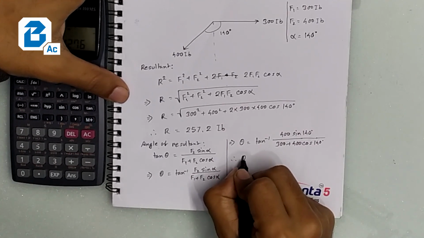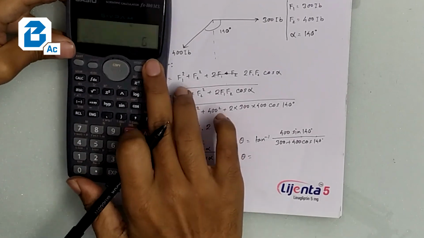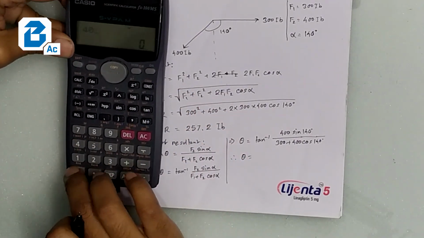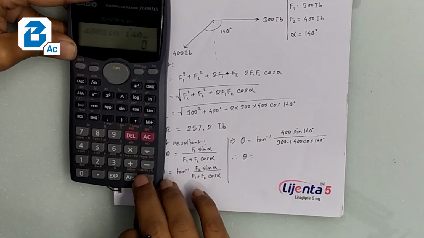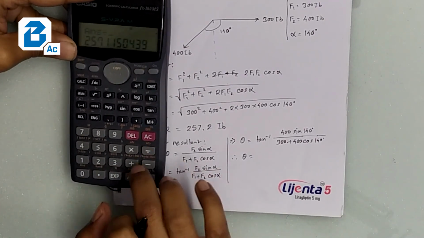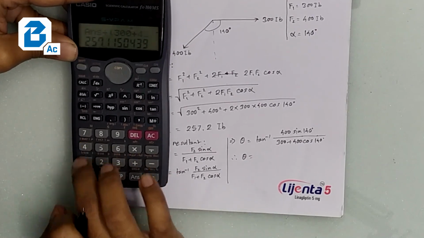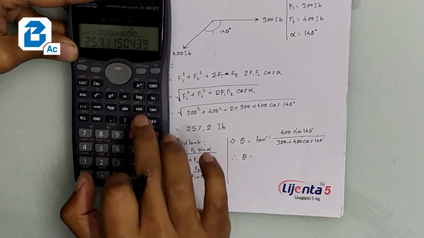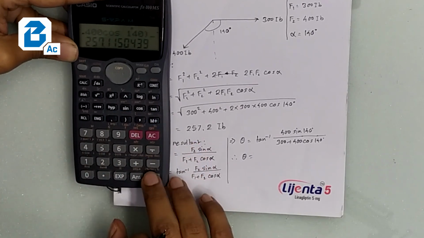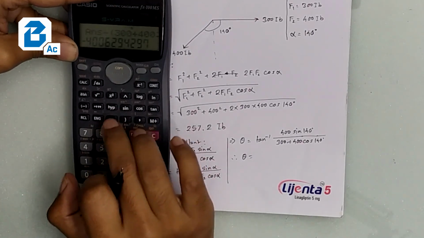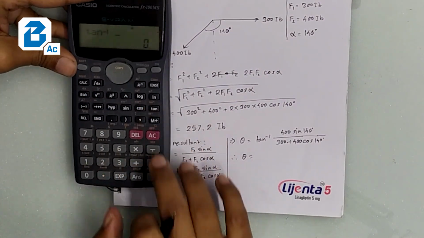So we can write theta is equal to tan inverse of (400 sin 140) divided by (300 plus 400 cos 140 degrees).